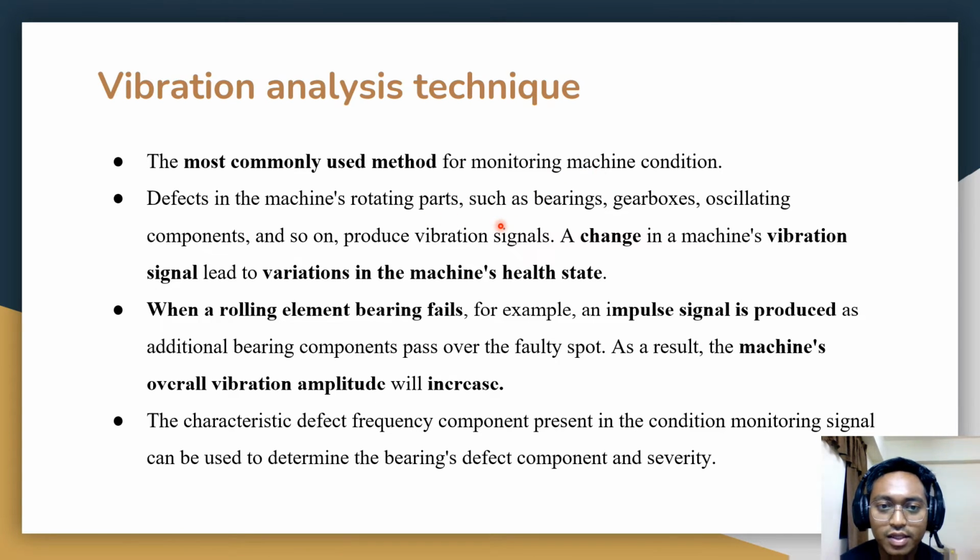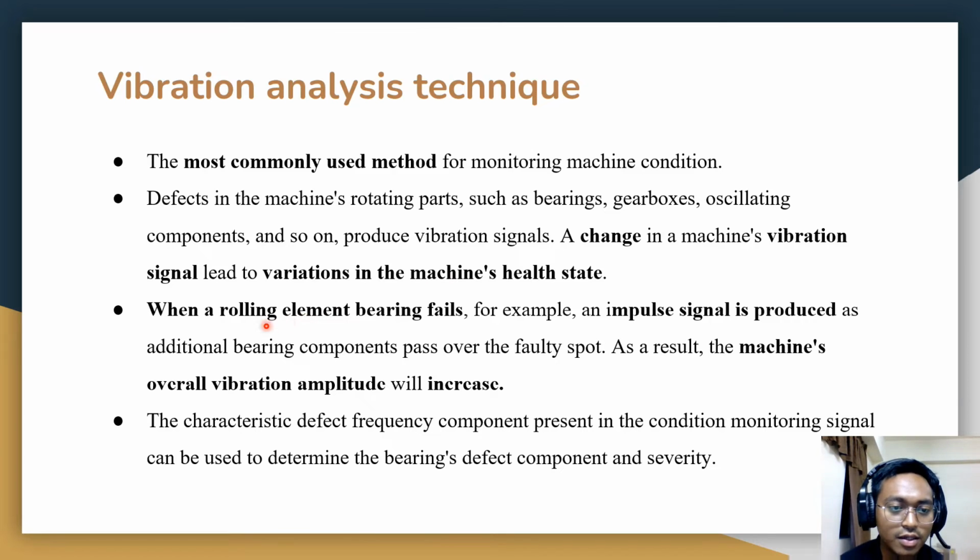Defects in machines such as bearings can be indicated by a change in the vibration signal. The vibration signal obtained from the special equipment might show us the state of the machine.